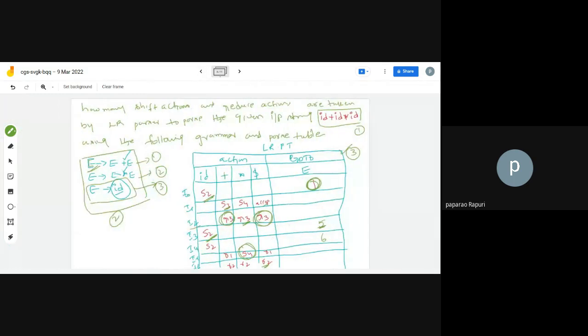Check E comma 3 or 3 comma E. 3 comma E is 5.